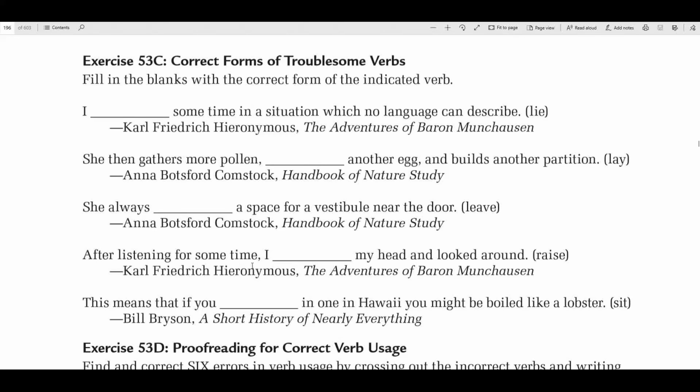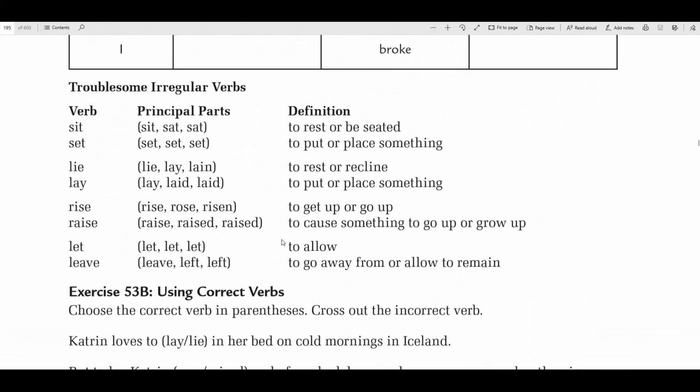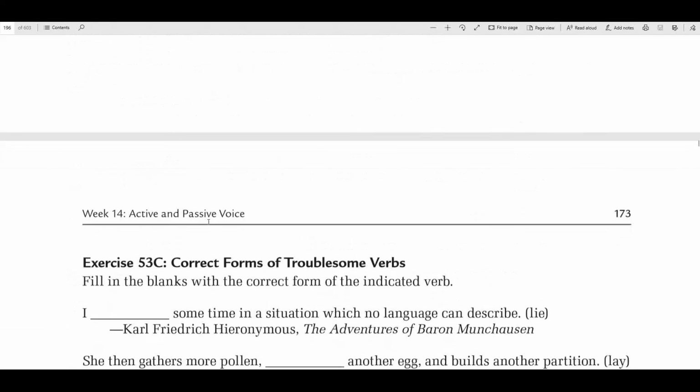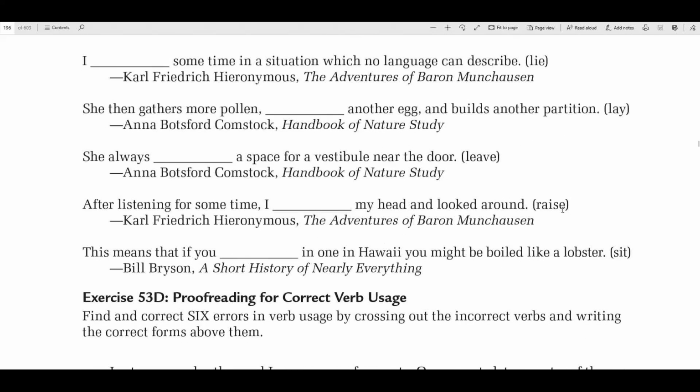After listening for some time, I blanked my head and looked around. The past tense of this would be raised, because remember, raise, raised, and raised. So both of these are the same. And it is the body, but it's a part of the body. So that's why it would be that second part.